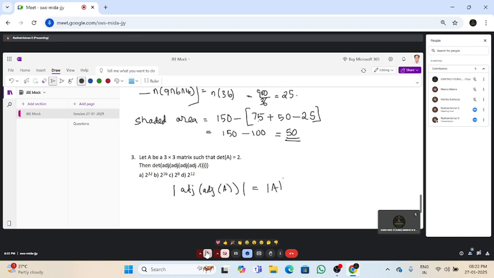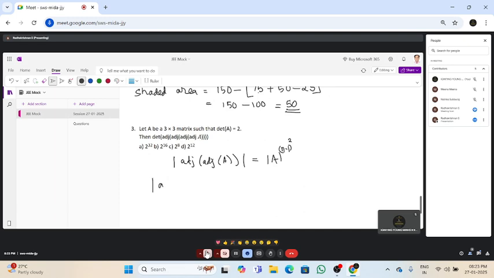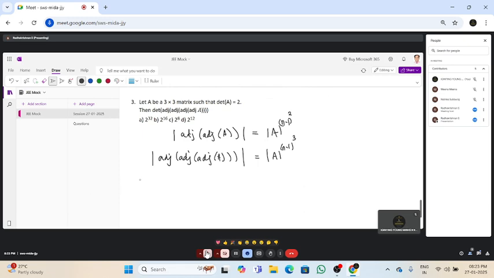Det A to the power of n minus 1 whole square. இதை நம்ம அப்படியே expand பண்ணிட்டு போனோம்னா, so this is what it is.